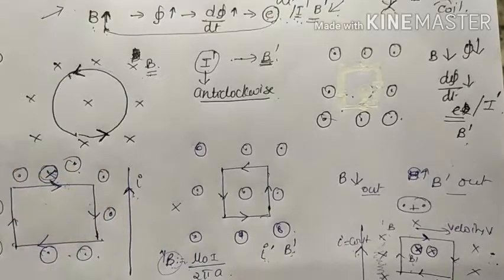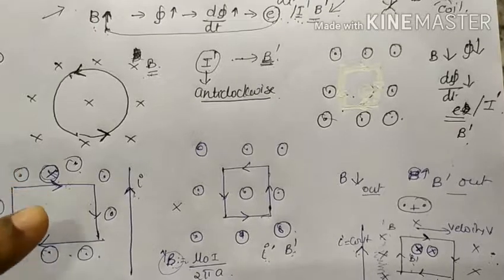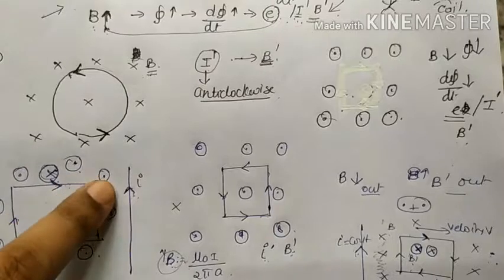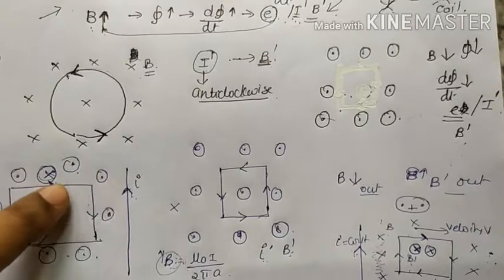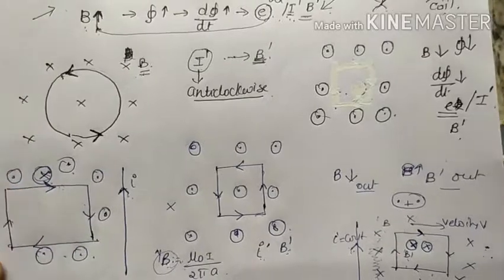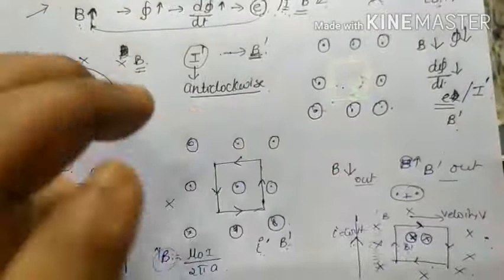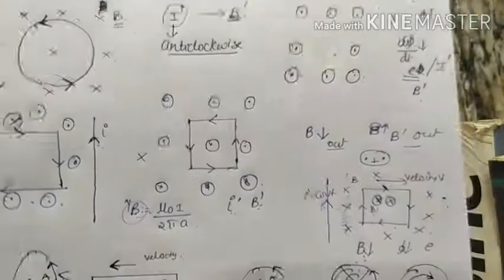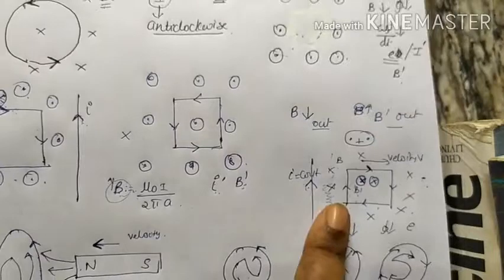So that means the magnetic field due to the induced current should oppose it. So this magnetic field is outwards. That means the magnetic field due to I dash should be inwards. So that's why cross, right? Cross means this should be the magnetic field. So which direction does the current have to flow? In clockwise direction. Right?